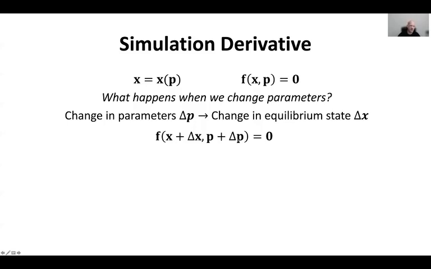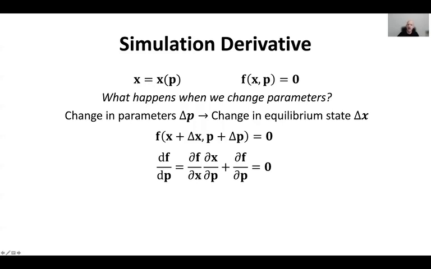So we can actually write this expression in a more general, in a more formal way by saying that the total derivative of the forces with respect to the parameters must be 0 at all times. And that we can split up into the partial derivatives. We see that we have a partial derivative of the forces with respect to the positions x.